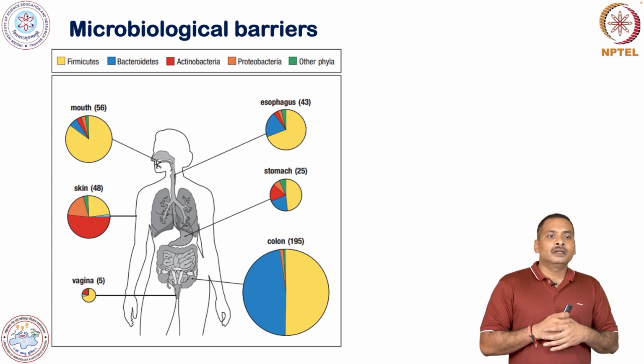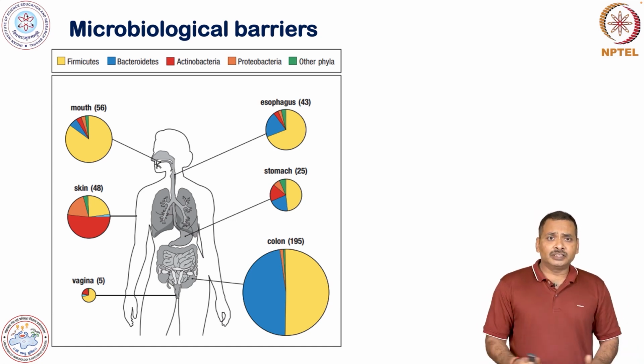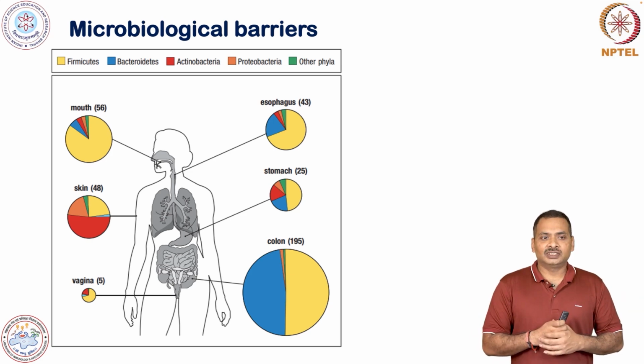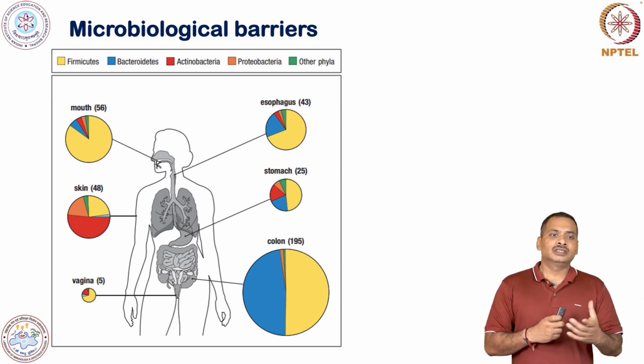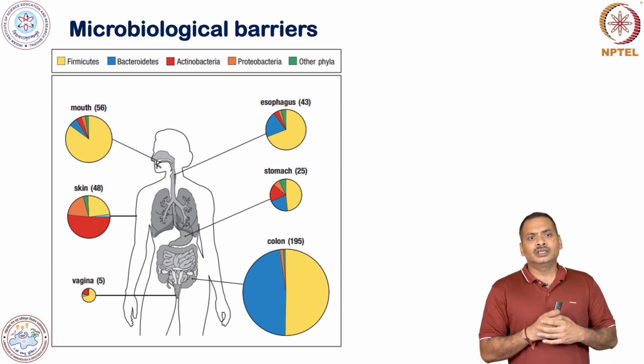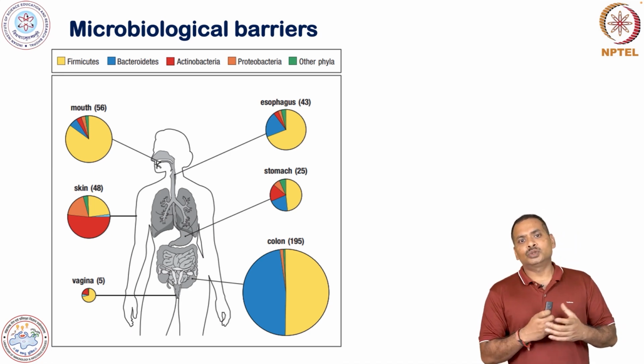This constitutes a huge amount of biomass as well. Another group is Bacteroidetes, and then Actinobacteria and Proteobacteria.